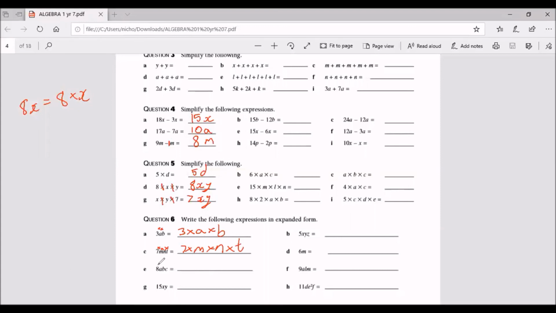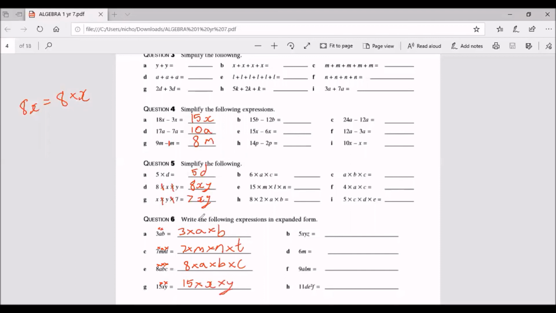So again here, 8 times a times b times c. And finally, 15 times x times y.